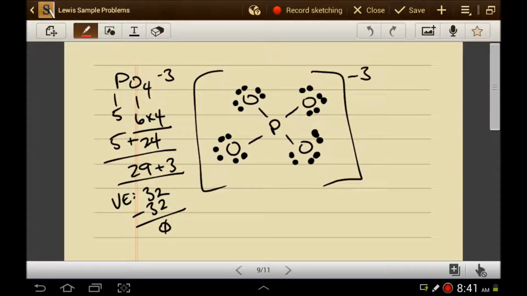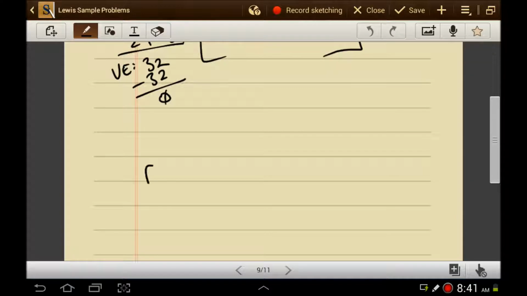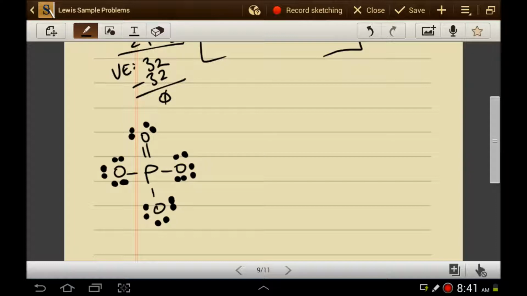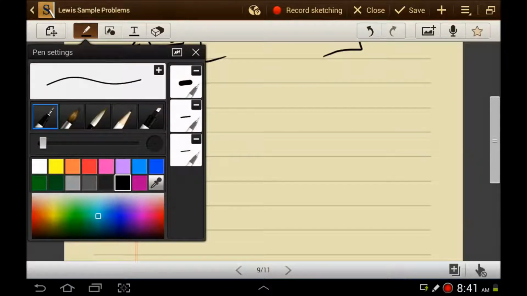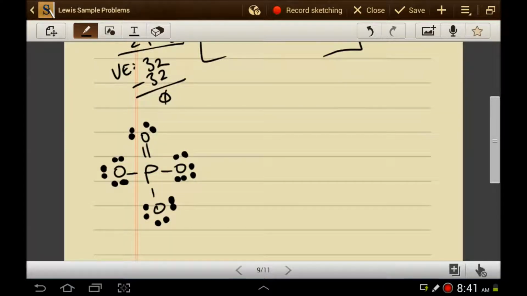When you look up, for example, adenosine triphosphate, ATP, and you see the structure for that, you would see something that looks like this. Most phosphate, when you find it, has a double bond in it. Why in the world would phosphate have a double bond? It already had an octet. The answer is, these rules are not rules. These rules are guidelines.